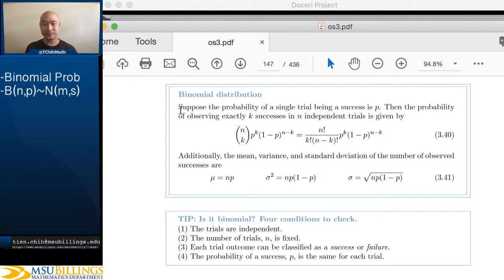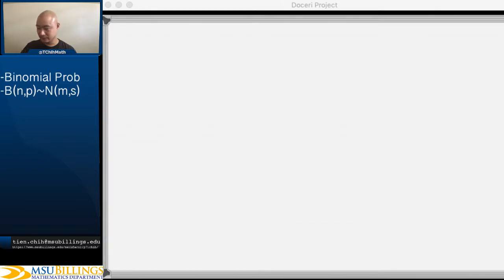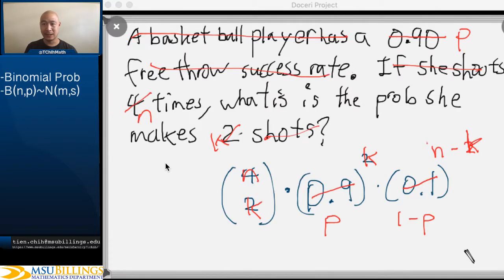And so, suppose the probability of a single trial being a success is p, right? And we want to compare that to, in this case, a basketball player's 90% chance of succeeding. So each trial has a single success.